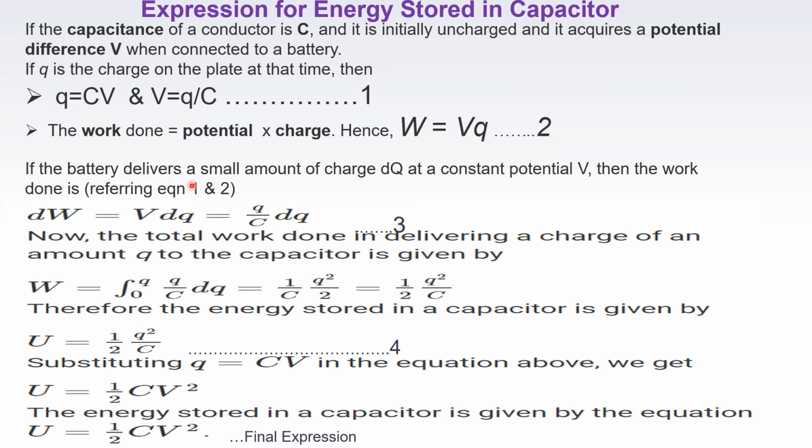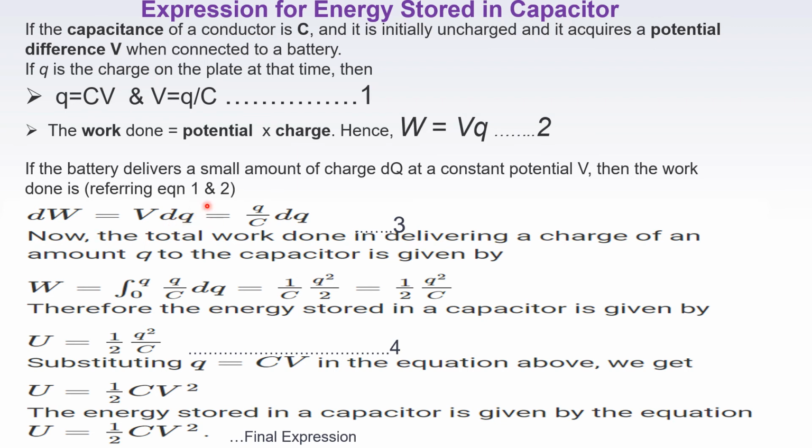If the battery delivers a small amount of charge dq at a constant potential V, then for small particle, we will see what is the work done. So dW is equal to V into dq. That is from equation 2.